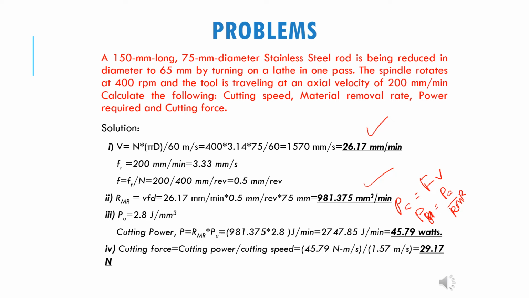So the PC you can get by PU times the RMR. PU here is given in the table for stainless steel as 2.8 joule per mm cube. So when you calculate, you will get this value, and then for cutting force, if you can remember, PC equal to FV, right? So you can get the F value from this equation.